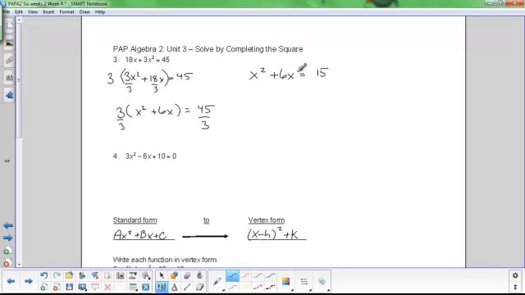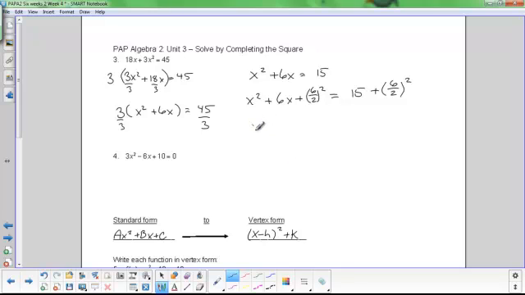Now I'm able to complete the square by adding b over 2 squared to the left side of the equation. 6 over 2 squared. Remember, immediately balance the equation by adding the exact same amount to the right side of the equation as well.